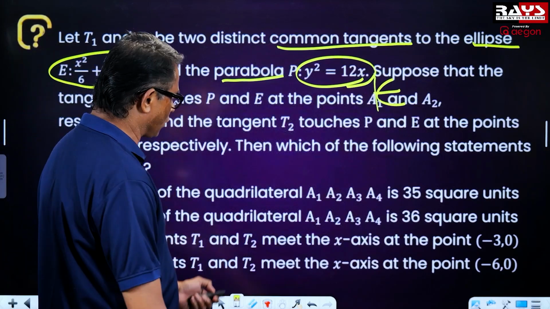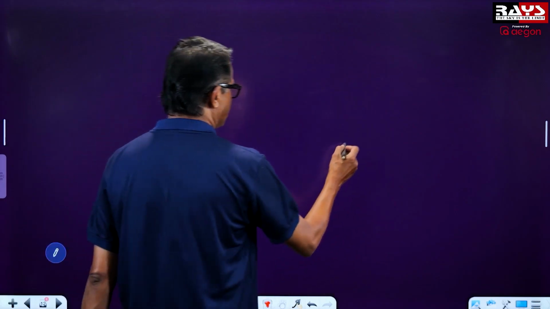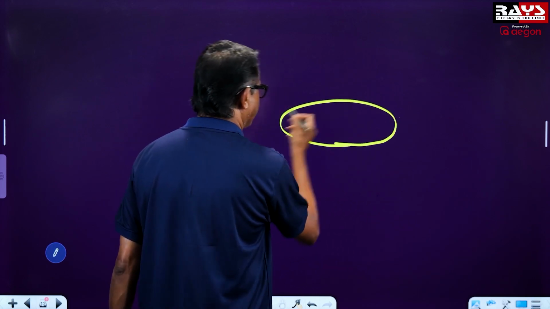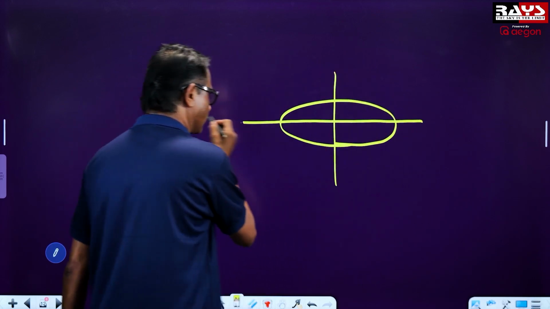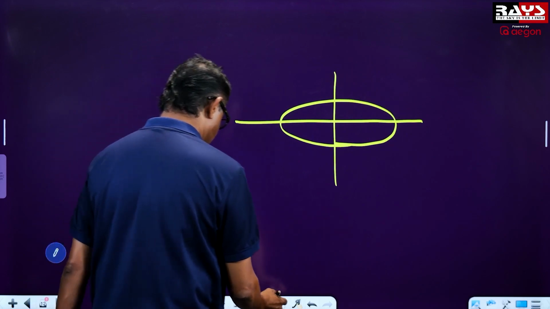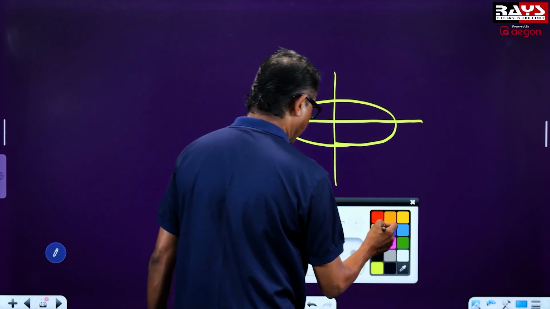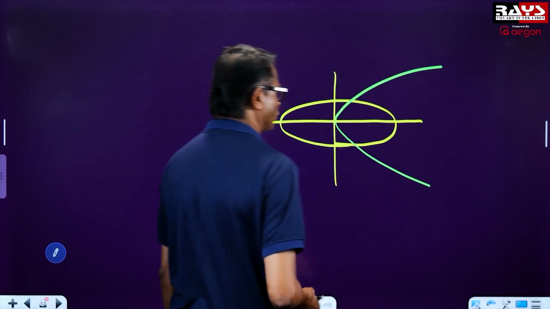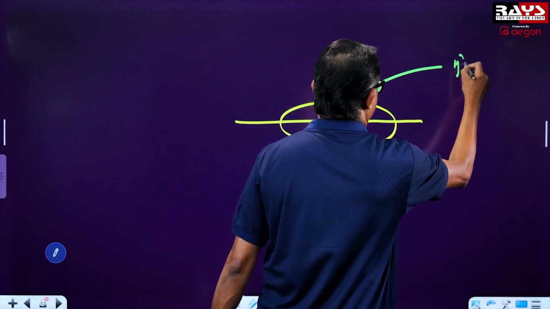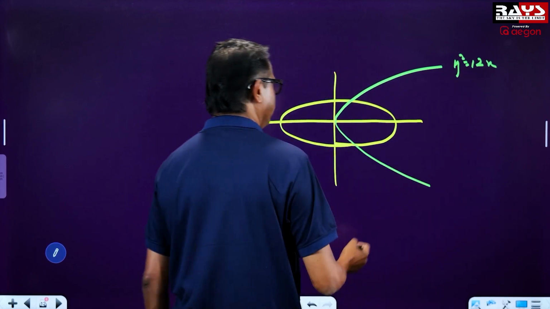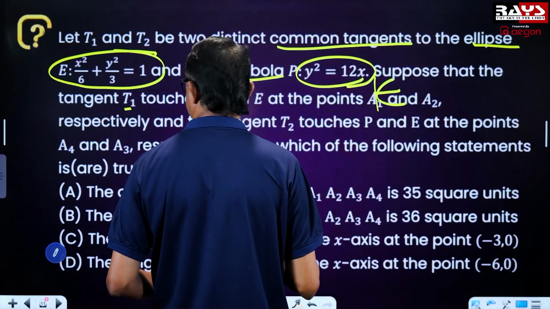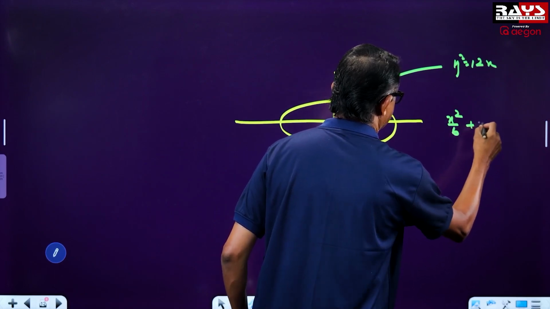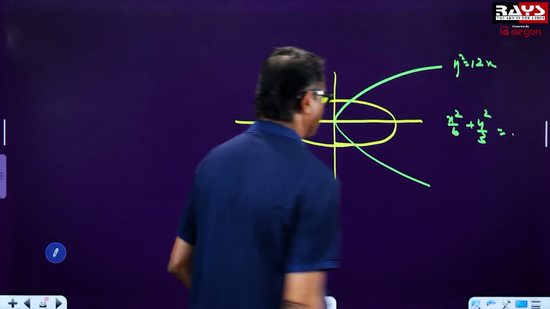So let us draw the diagram also simultaneously. So this is an ellipse. That ellipse is a major ellipse, and there is a parabola. It's a right open parabola, y square equal to 12x, and the ellipse is x square by 6 plus y square by 3 is equal to 1.